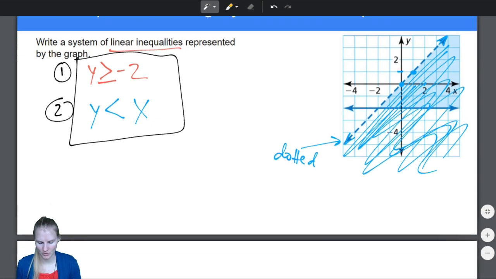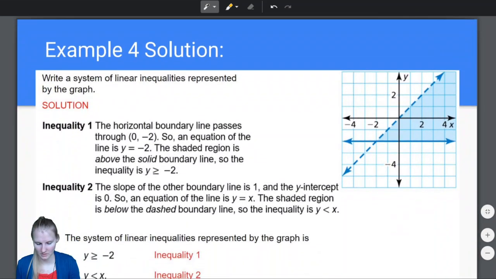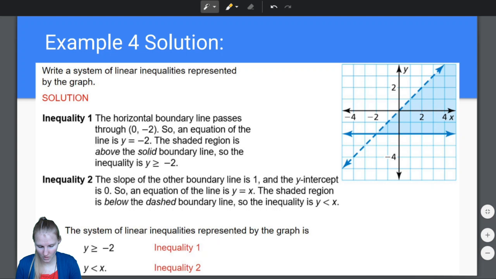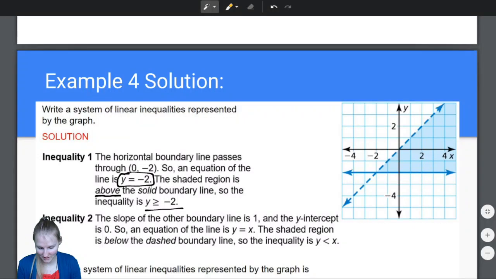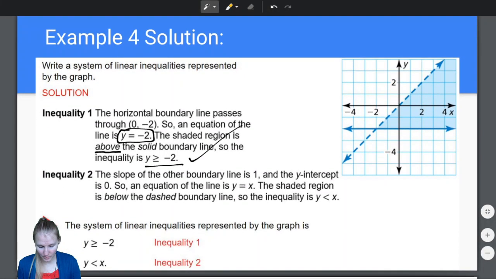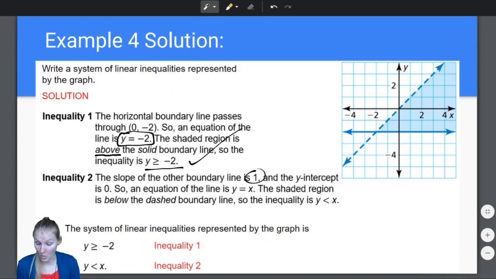Let's check and make sure that we were correct. So, the horizontal boundary line passes through (0, -2), so an equation of the line is y equals -2. The shaded region is above, so the inequality is y is greater than -2. Hey, that's what we had. And inequality number 2, the slope is 1, and the y-intercept is 0.